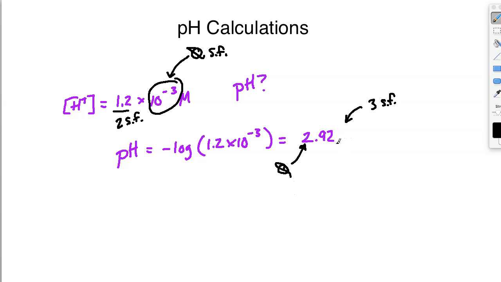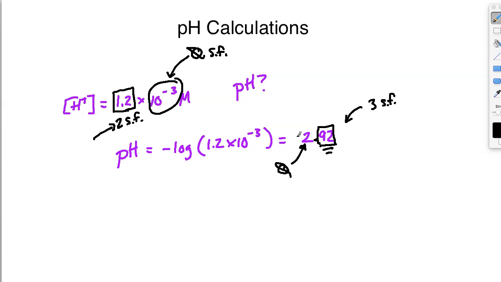The correct way of reporting this is to take the number of significant figures in the concentration and go that many decimal places past your pH level. In this case, we had two significant figures present in the H+, so I go 2 decimal places out past the 2, which is a placeholder for the general amount we're dealing with here.